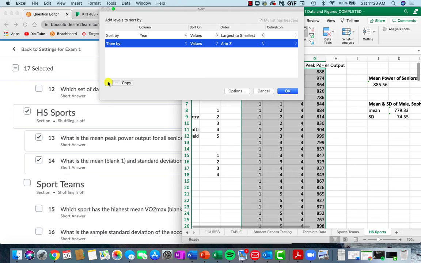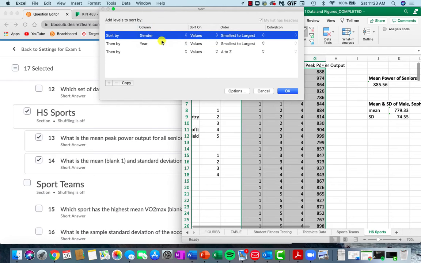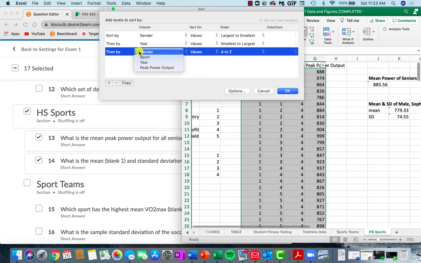Okay, and then we want to filter by year. Sophomore is kind of in the middle, so it doesn't really matter with this part. And then we want to, oh no, this didn't change. Gender, largest to smallest. There we go. And we'll go by year. And then let's say we sort by sport.